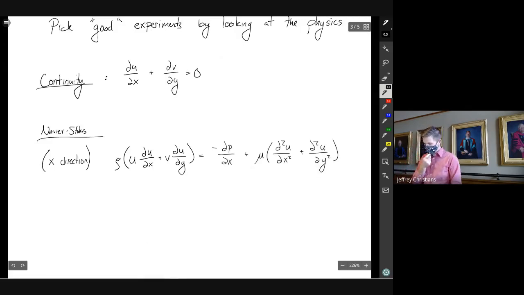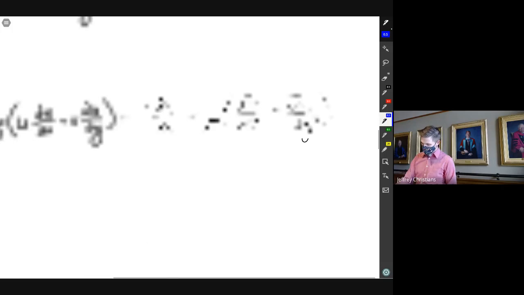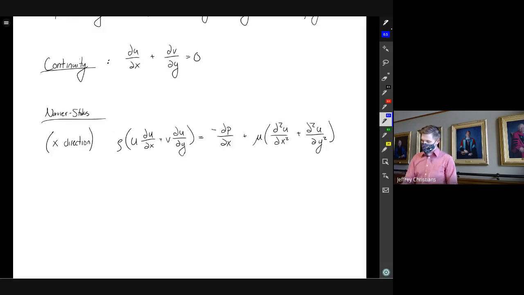Okay, and you can see in this equation, all of the parameters that we said were important show up in the equation. Density is important, so we see a density show up in the equation. Viscosity is important.